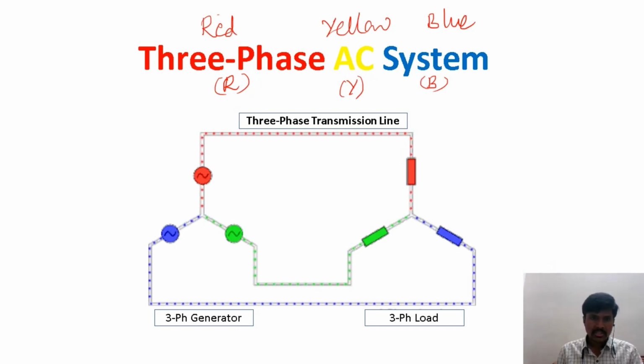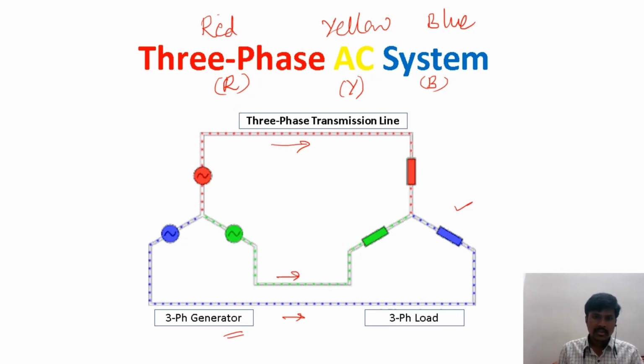Now, if you see this figure, this is the generation, and whatever the power is generated is given to the three-phase load. If you see the three-phase generator, here we are having three sources: V1, V2, and V3. All three are single phase AC sources.